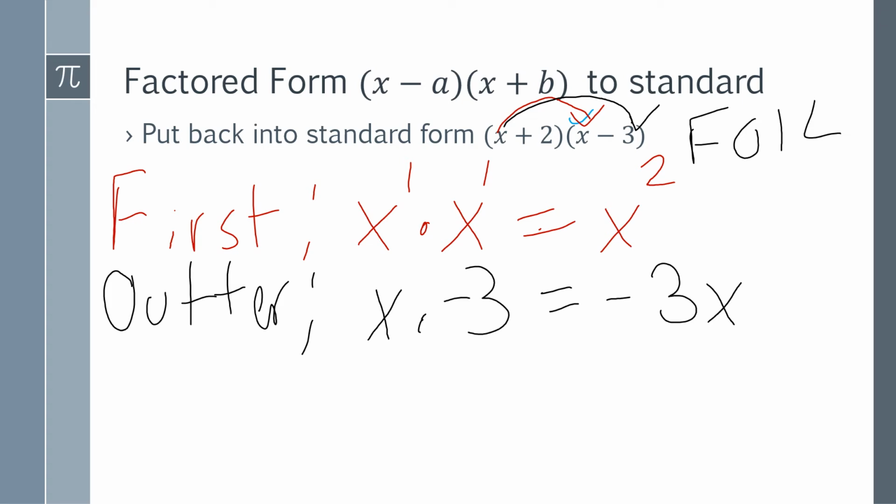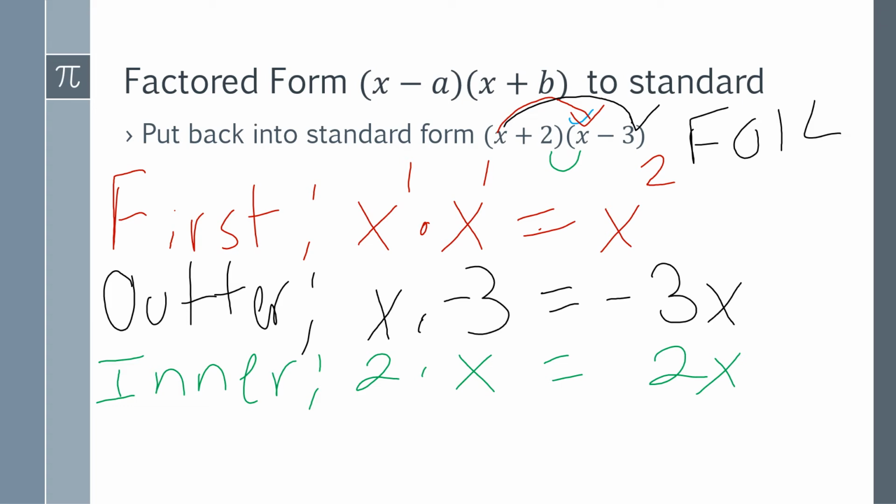All right. Inner. Two times x equals 2x. And then last. 2 times negative 3 is negative 6.